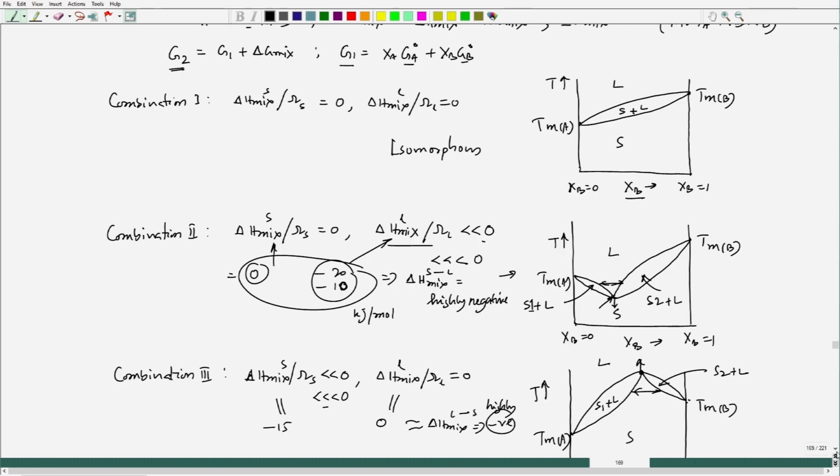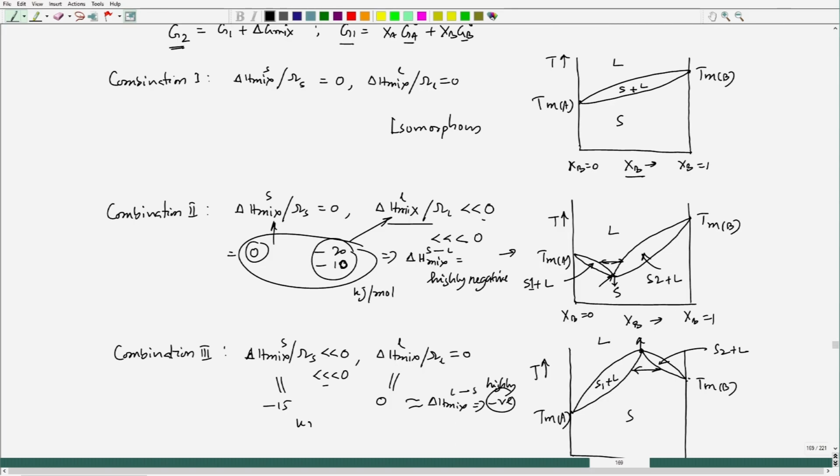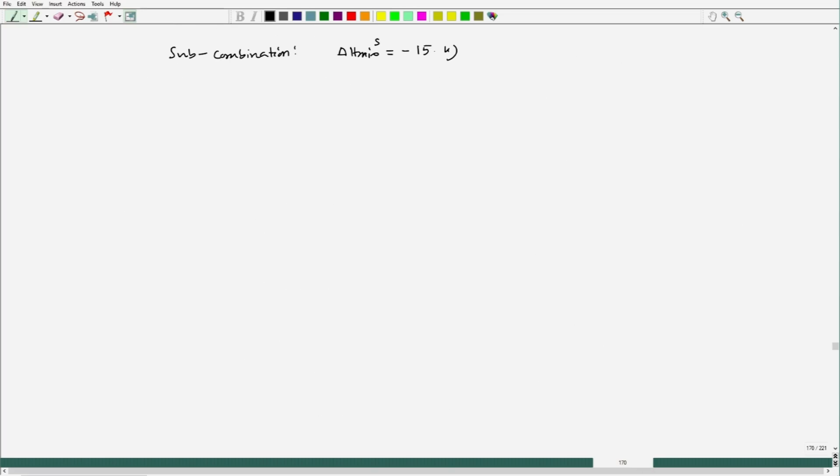Now, if I take this one to be 15 kilojoule per mole and del H mix liquid equal to minus 20 kilojoule per mole, fine.